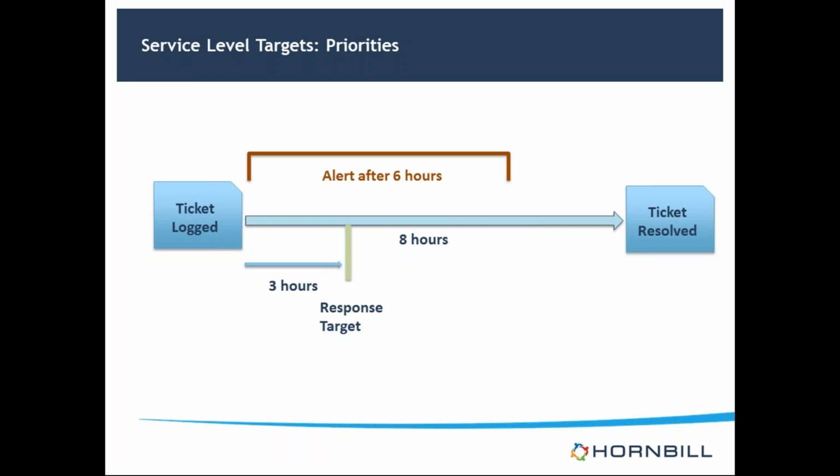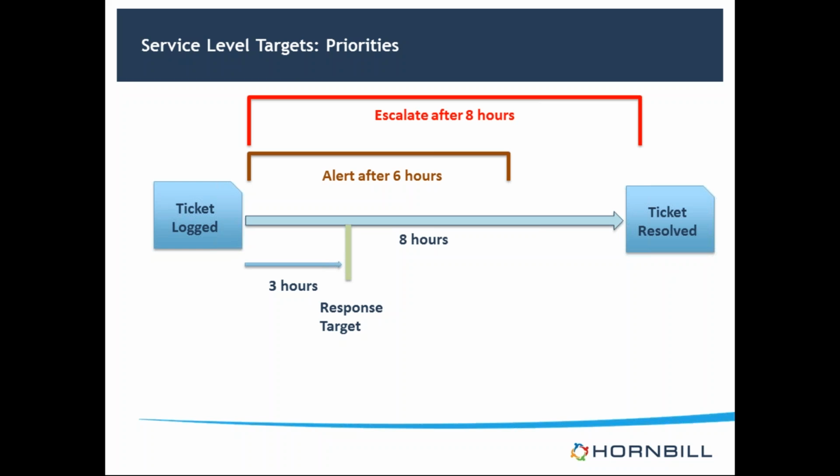We can also include alerts within the time frame. In this case, we've got 8 hours to fix the ticket. If the ticket has not been fixed within 6 hours, we could configure alerts or warnings to be provided to our analyst to ensure that the ticket is looked at and addressed in order to meet our resolution time.